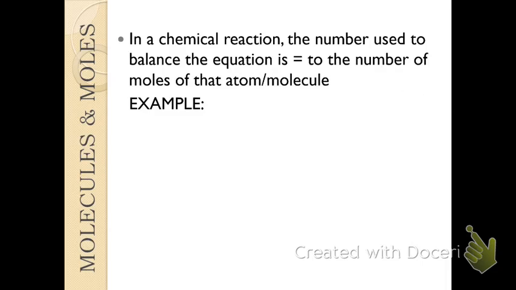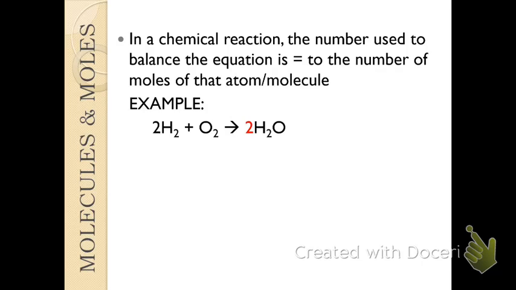In a chemical reaction, the number used to balance the equation is equal to the number of moles of that atom or molecule. So we already know that because remember we balanced our chemical equations, and remember we had to put coefficients because we could not change the formula for that.